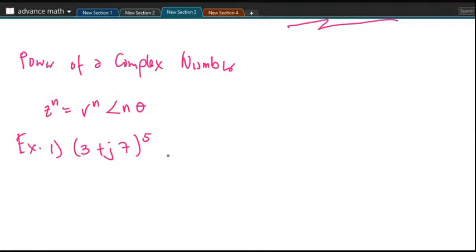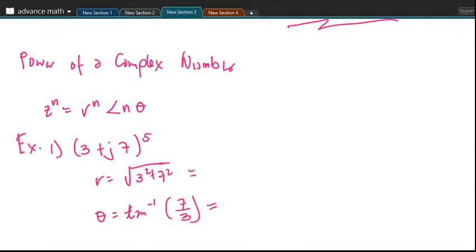So first you need to get your r. Your r is the square root of 3 squared plus 7 squared, and your theta is inverse tangent of y over x, so 7 over 3.